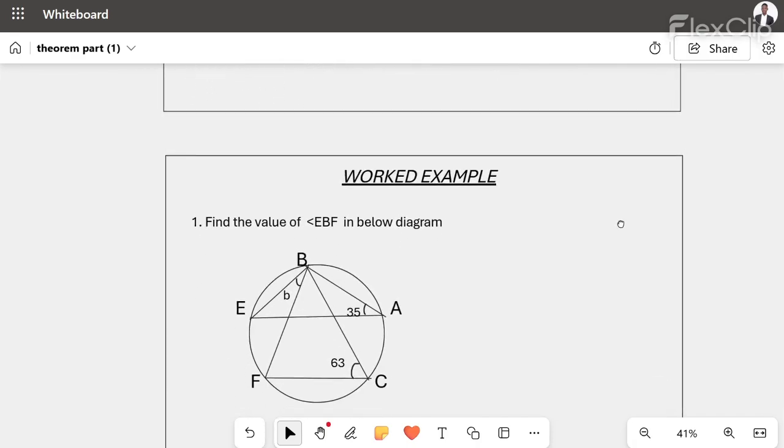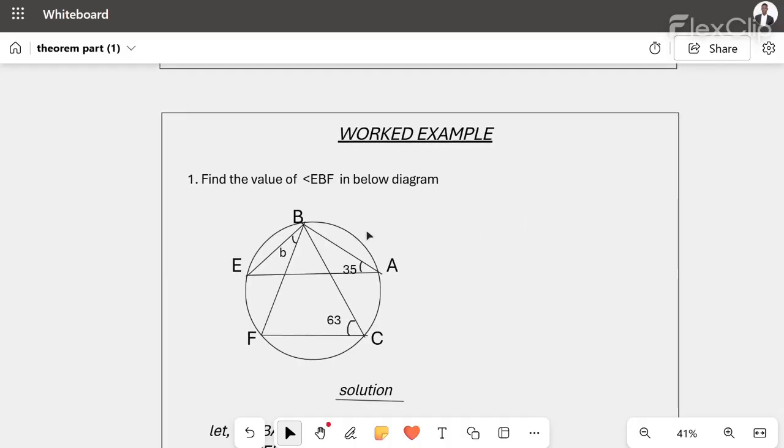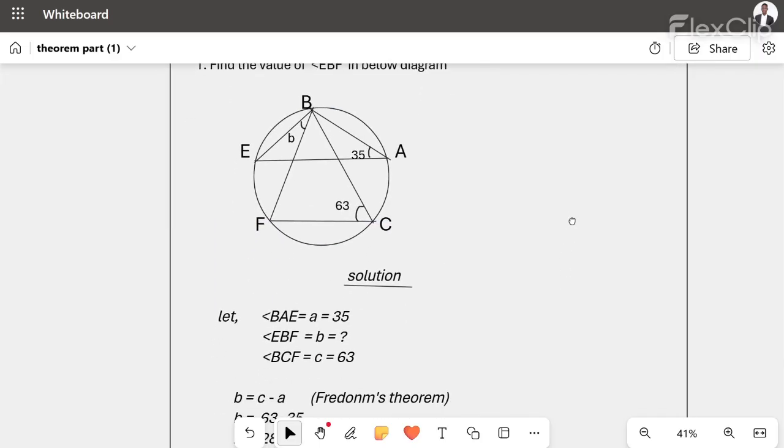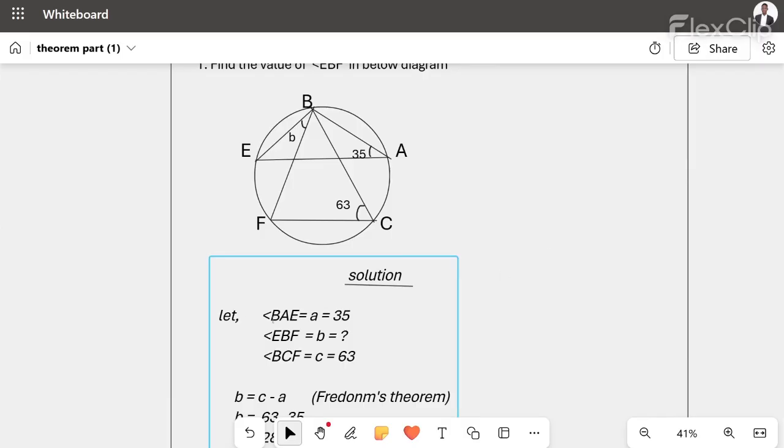Let's look at this simple example. The question says, find the value of angle EBF in the diagram below. Angle EBF, this angle here, is angle B. Now let's look at the simple solution. Let angle BAE, which is angle A, be equal to A. Let's call it A, which is equal to 35 degrees.